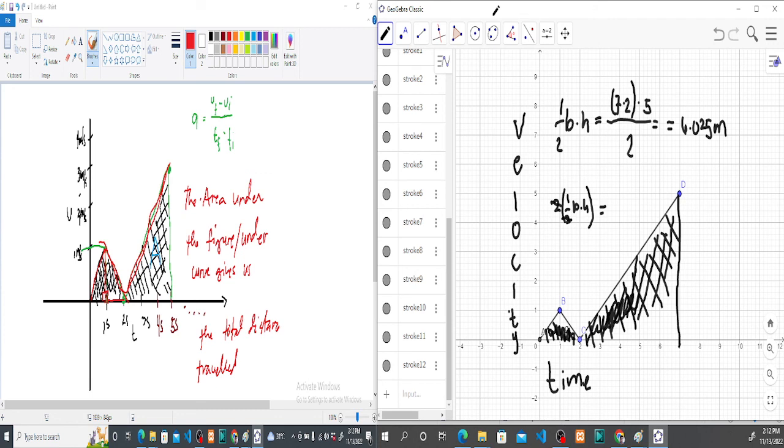So 1 meters. Okay. So you add it plus 1. So that's 7.025 meters. So that's the total distance traveled. Okay, that's how we compute for the total distance traveled if we are given the velocity versus time graph.